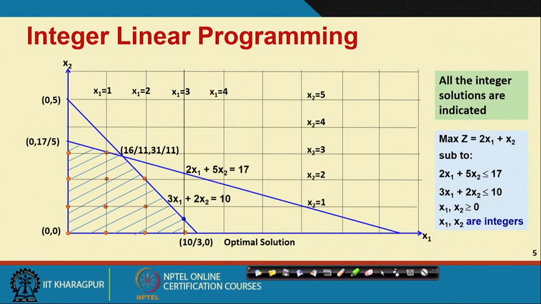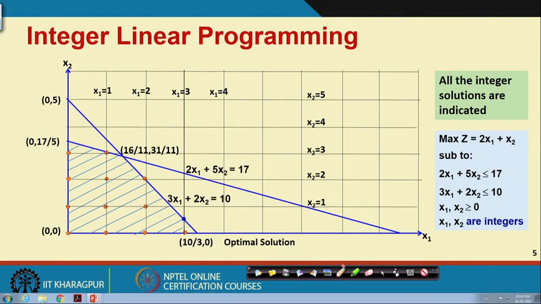So, we have this is (0, 0), then this is (1, 0), (2, 0), and then this point is (3, 0), here (0, 1), (0, 2), (0, 3), and so on.